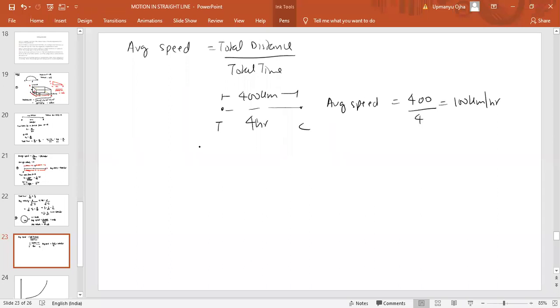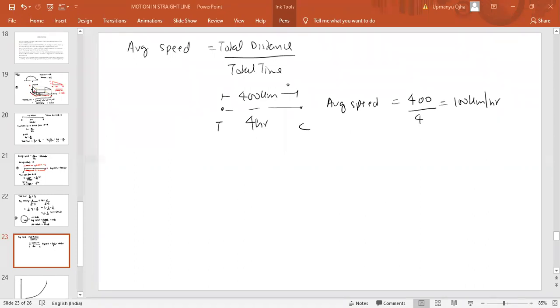But I told you that average speed will give us the idea of the speed for an interval of time.